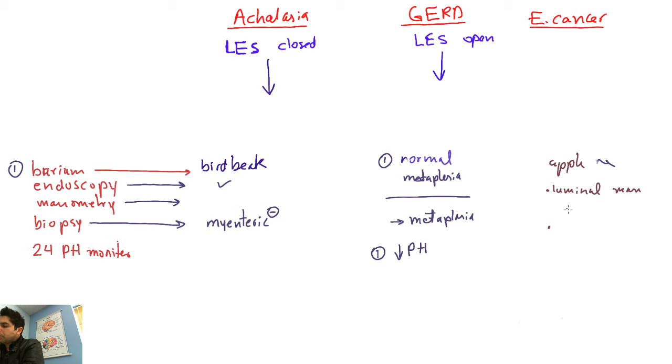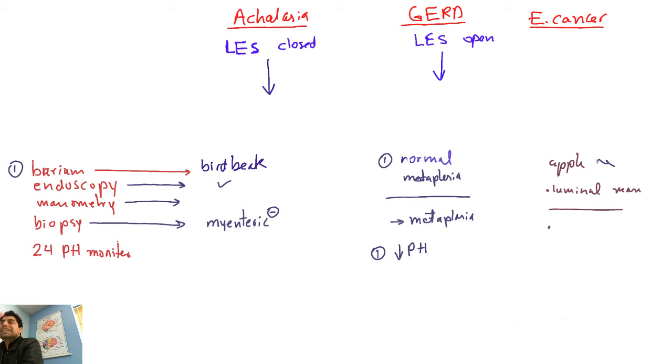Manometry you don't have to do because it will not help much. Now, when you do biopsy, what are you going to see? Glandular epithelium carcinoma. You're either going to find glands or squamous cells, depending where it is. But you can find squamous cells regardless. It's normal. It doesn't mean cancer. Glandular cells do not mean cancer. It could just be Barrett's.